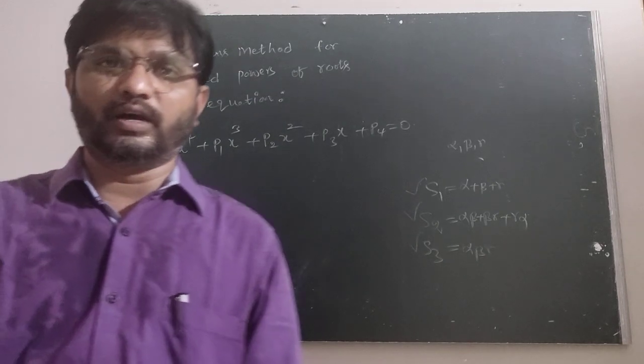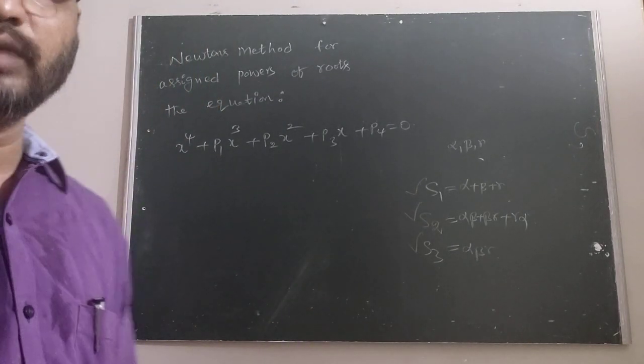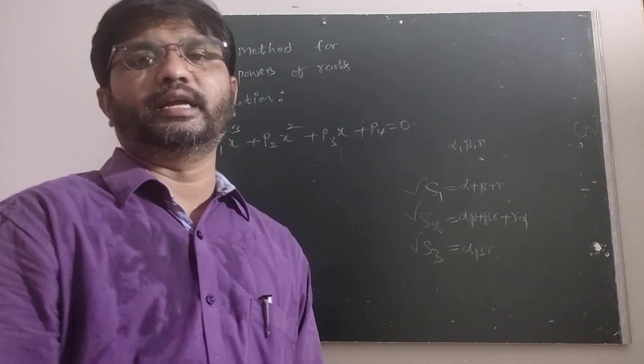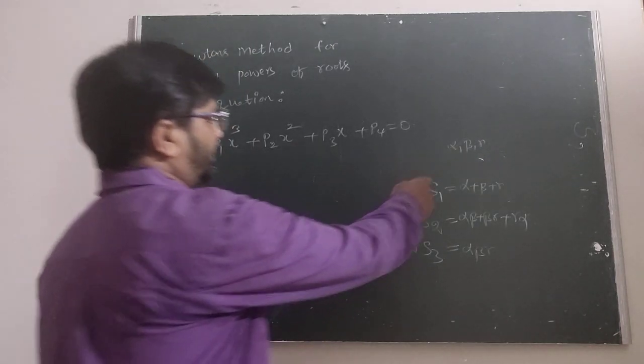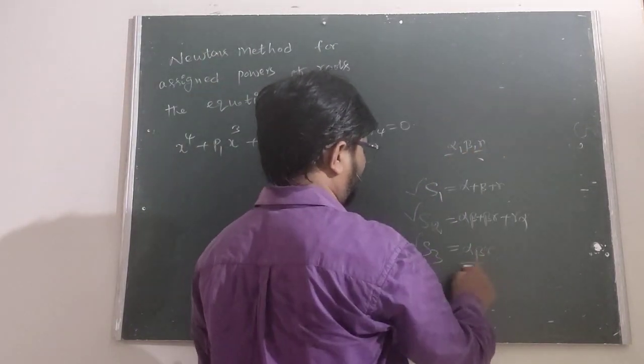S1 means the sum of all roots, S2 means the sum of the product of the roots taken two at a time, but S3 here, given three roots, is the product of all roots.